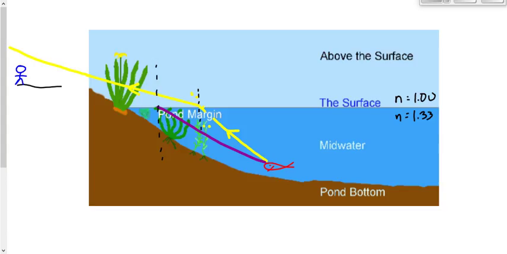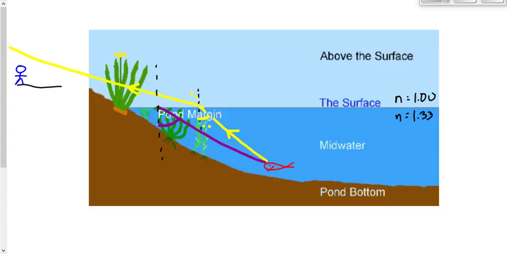We have a problem though, potentially at least. This ray of light that might refract into the person's eyes is now at a bigger theta i, or theta 1, than the yellow one was.